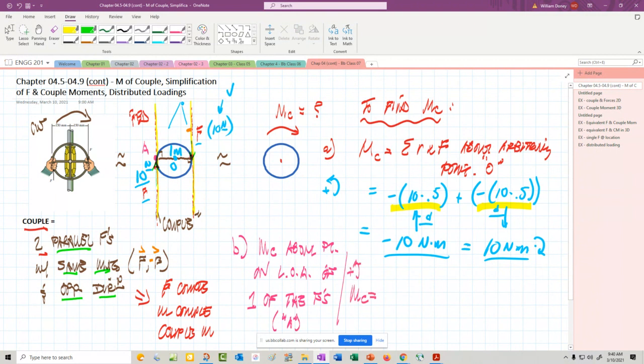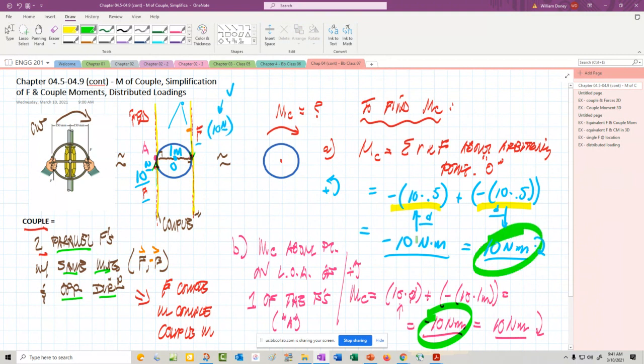Moment couple, counterclockwise positive, is going to be 10 times 0, because that's the one that goes straight through, plus a minus 10 times 1 meter. That gives us minus 10 Newton meters, or 10 Newton meters clockwise. And as you can see here, we get the same answer.